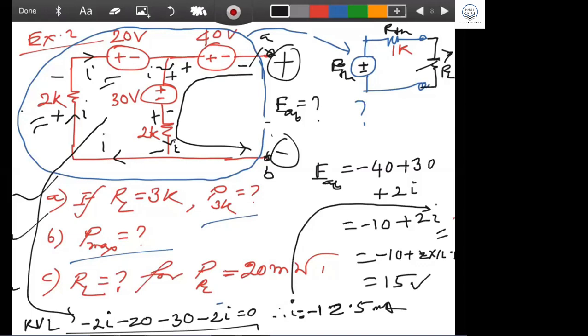If it is minus 12.5, then what will be the answer coming here? Because you have to substitute minus 12.5 here. So this is plus 2 into minus 12.5. And then what will be the answer now? Is it 15 still?